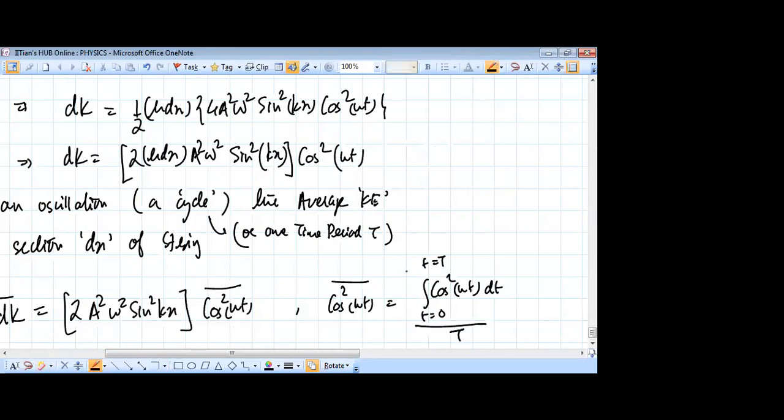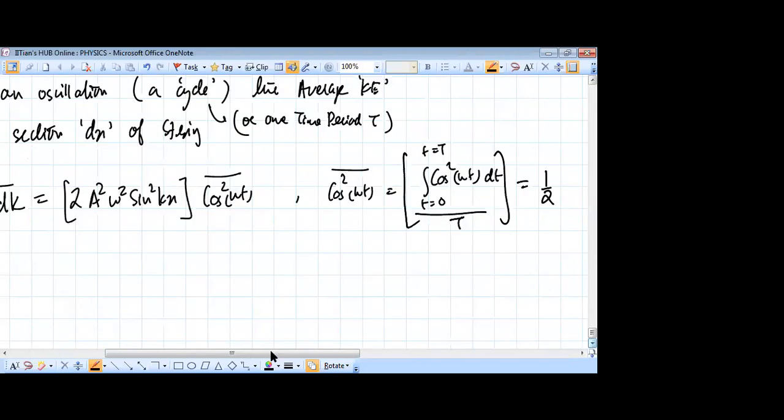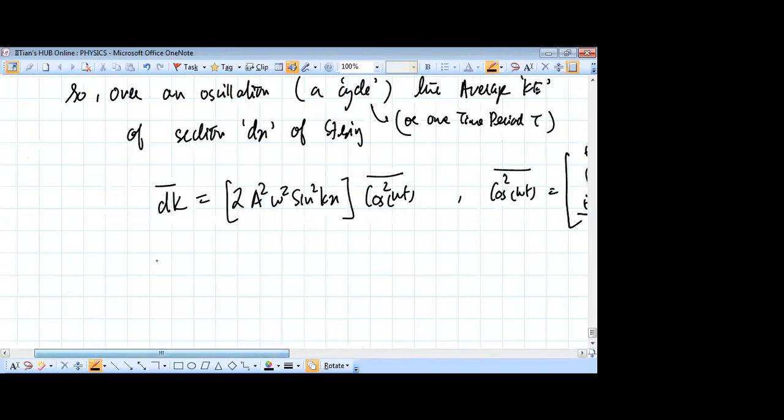We've seen it before, that the average value of sine square function or cos square function over a cycle or over n number of cycles is half. So the average kinetic energy will equal a square omega square sine square kx for that particular particle.